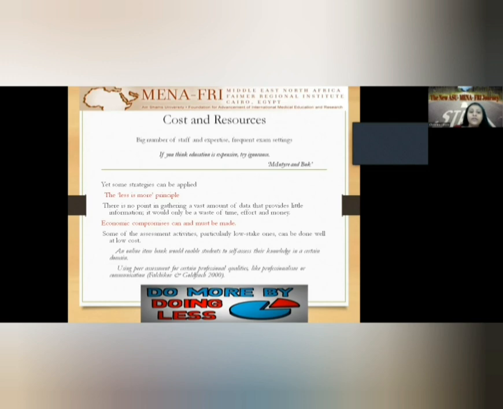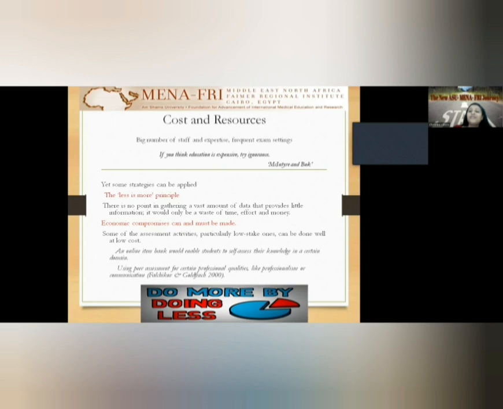Another point we can use is economic compromise, like using online question banks that the student can use to assess himself and give you the reflection, provided it's an honest one. Also, we can use peer reviews. It's not a must to make an exam setting for every domain, but we can use peer assessment for certain professional qualities like professionalism or communication.